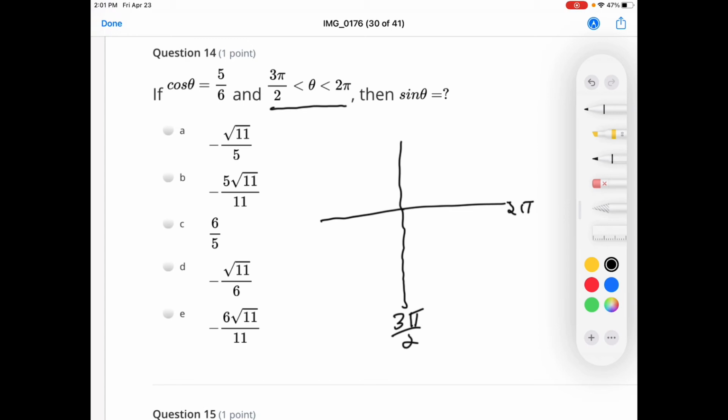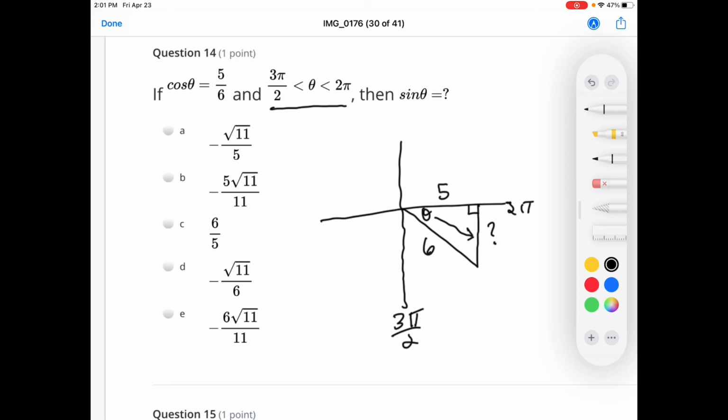So we're somewhere over here. All right, they tell us cosine is 5 over 6. Cosine is adjacent over hypotenuse. Well, that's 5 adjacent, 6 hypotenuse. We have to figure out the opposite side.